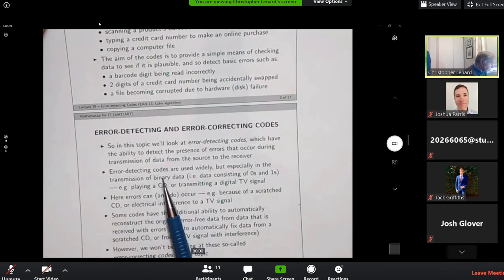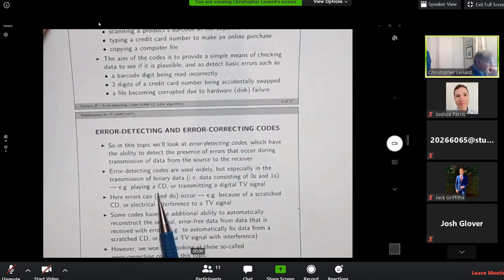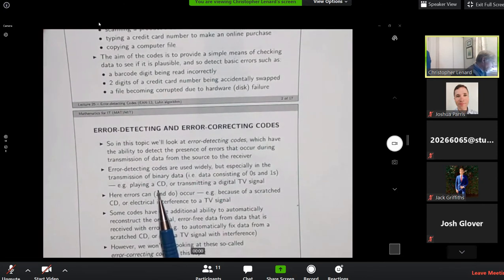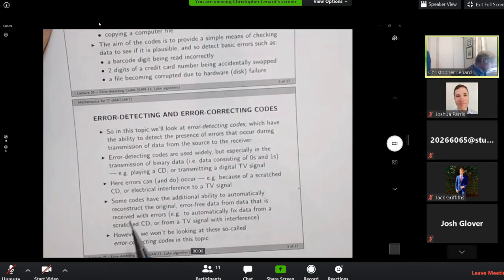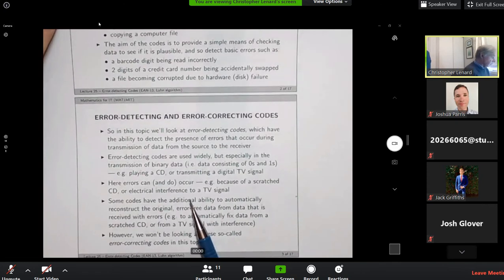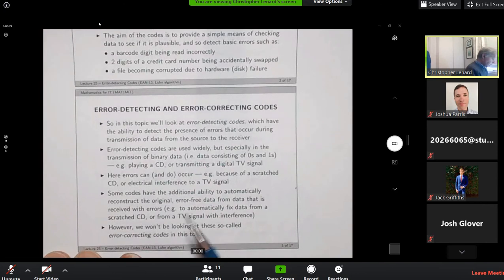I don't know if any of you still play CDs, but CDs have built into them codes that detect errors, as do digital TV signals. So you've got a scratched CD, or some electrical interference with your TV signal. Your CD is actually quite sophisticated. If it picks up certain sorts of mistakes, it actually can fix it on the fly and knows what to do.